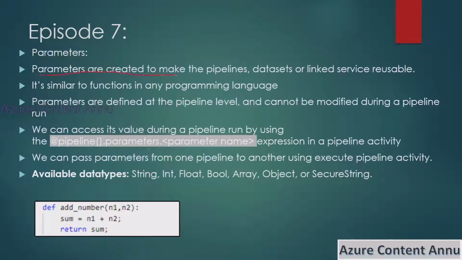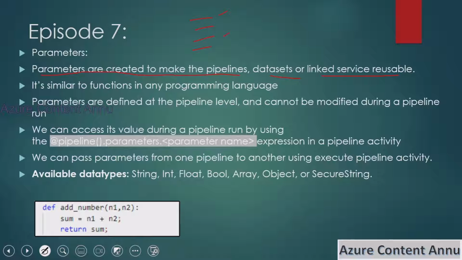Parameters are created to make the pipelines, datasets, and linked services reusable. Suppose we have multiple files in Azure Data Lake, out of which we need to copy a few specific files to, say, SQL Server.